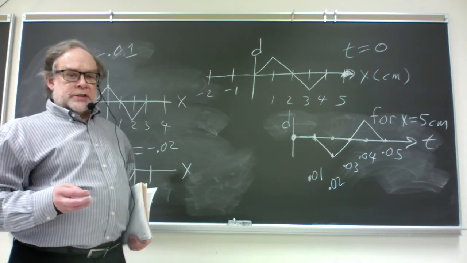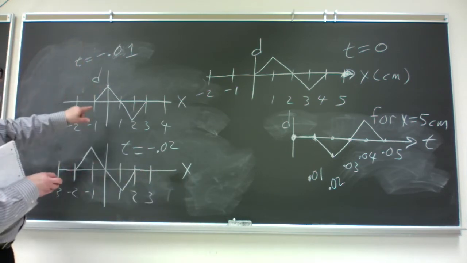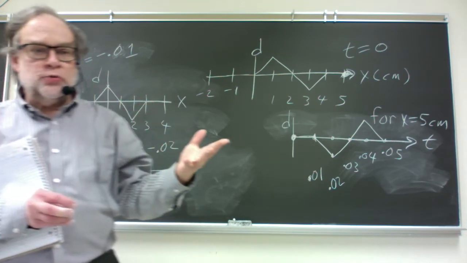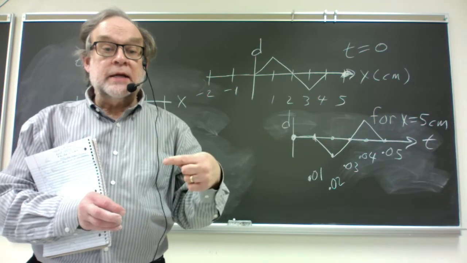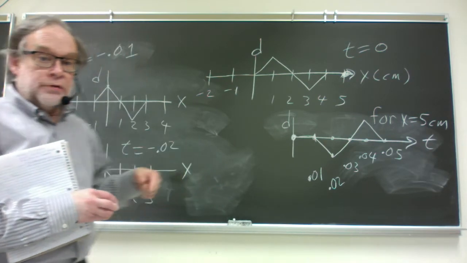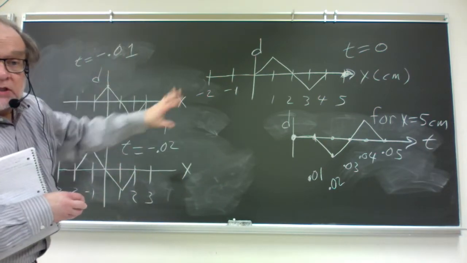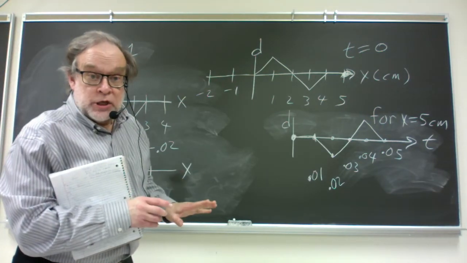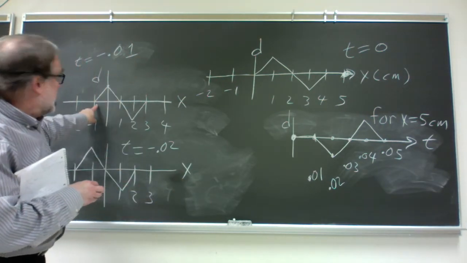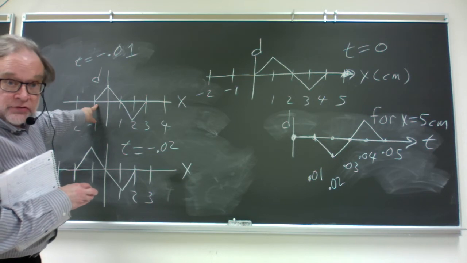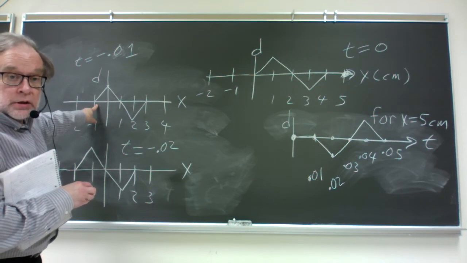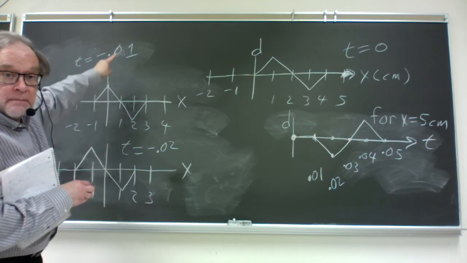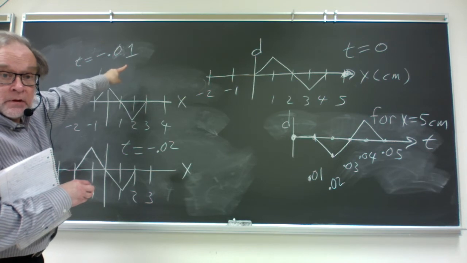One thing that you can see is that now if we were to draw a history graph for the negative 1 centimeter point, one thing we see by comparing all these snapshots is that the back end of the pulse leaves the minus 1 centimeter point at this time.